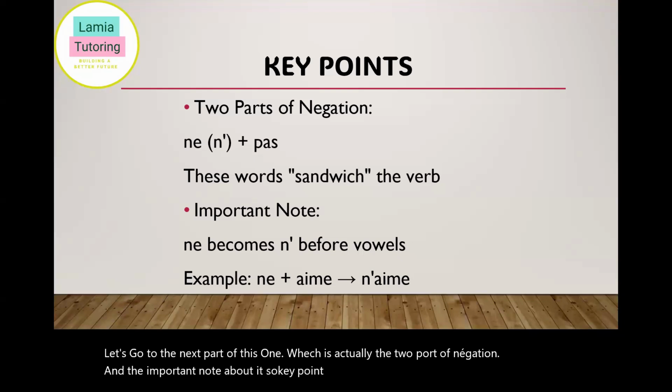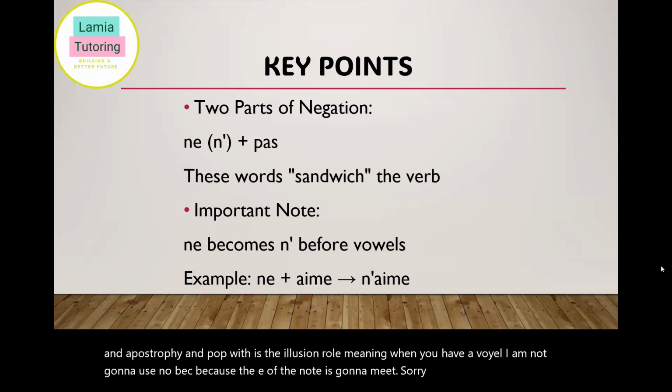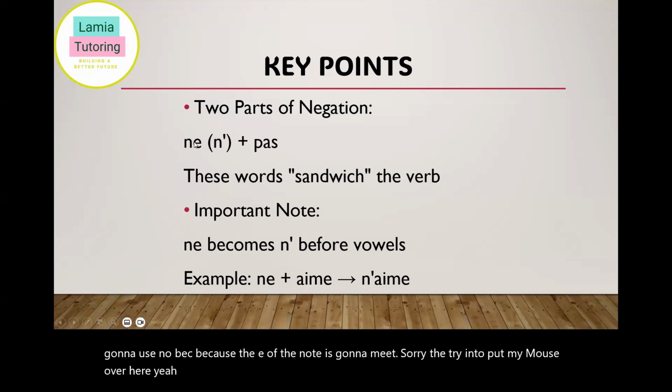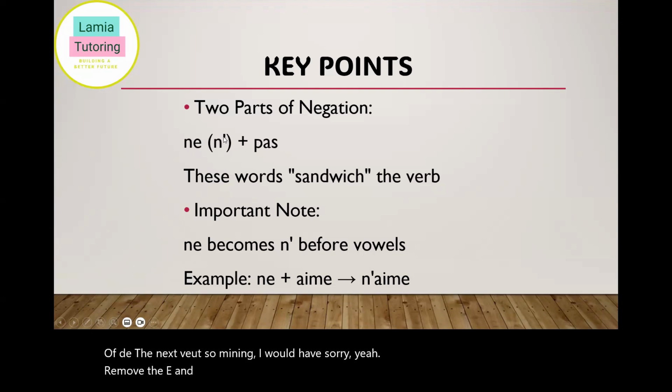Sometimes you have ne pas, sometimes you have an apostrophe and pas, which is the elision rule, meaning when you have a voyelle, I'm not gonna use ne because the E of the ne is gonna meet the E or U or A or O or I of the next verb. So meaning I would have to remove the E and keep just an apostrophe of it.